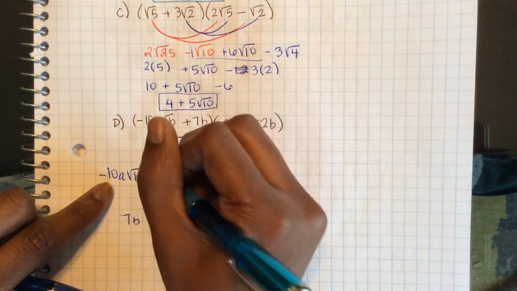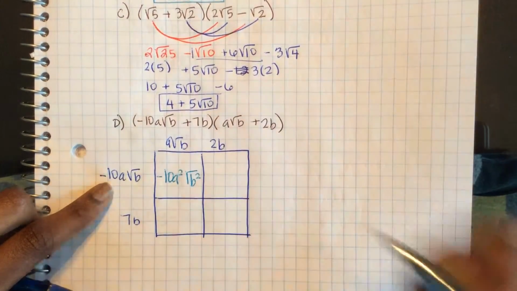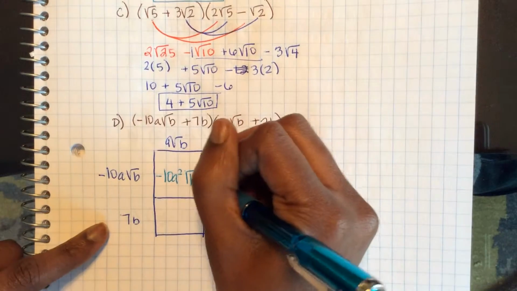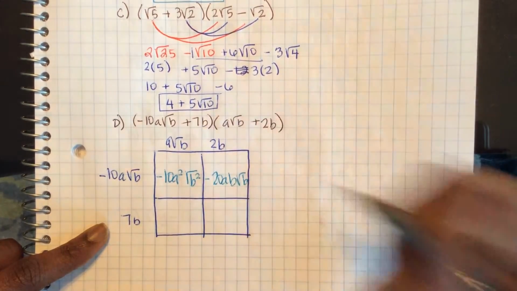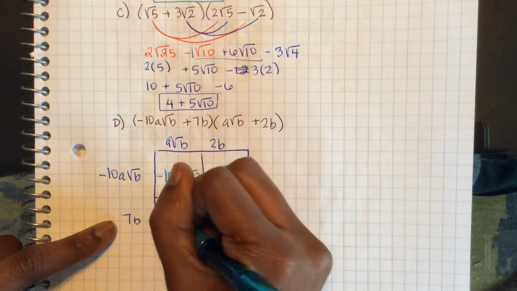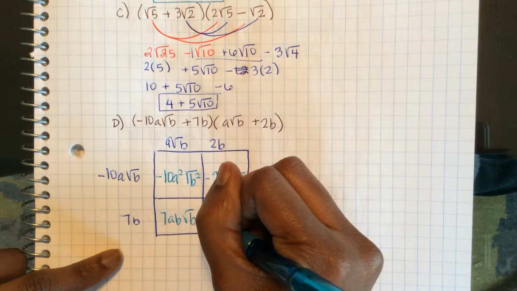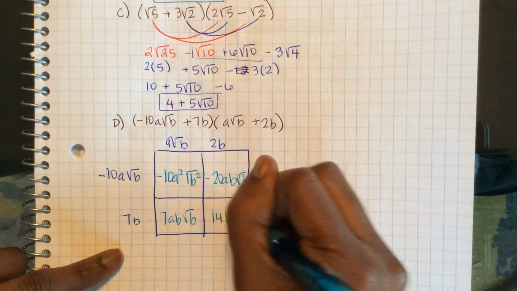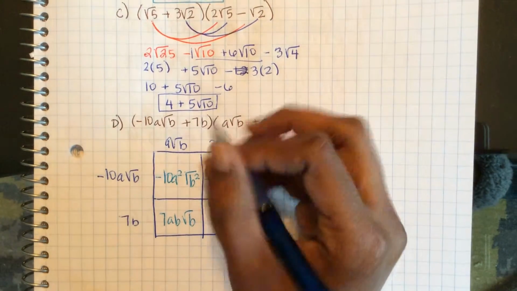Negative 10, this will become negative 10a squared square root of b squared. This would be minus 20ab square root b. This would be 7ab square root b. And this would be 14b squared. So now I'm going to pull out my box while simplifying.